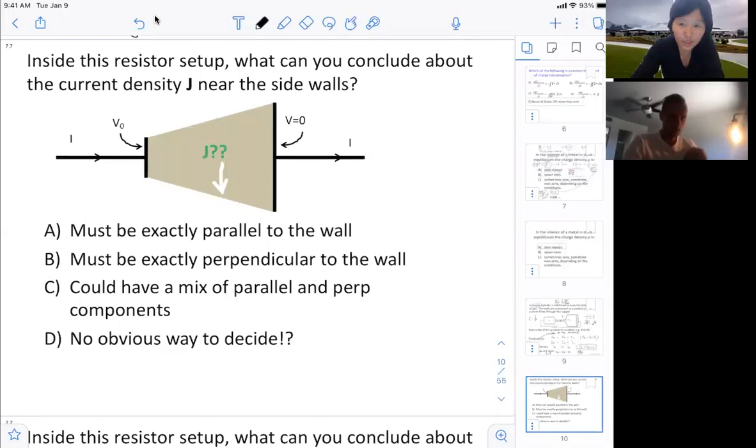All right. Any last minute vote before I close this? A few more seconds. Okay, I'm gonna end this.